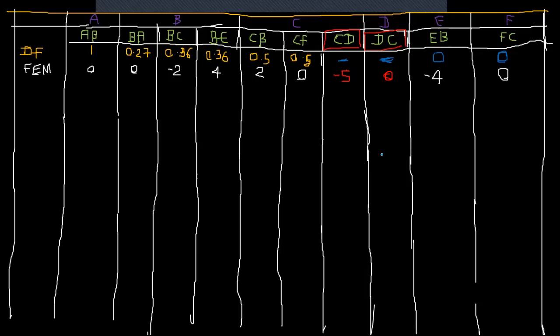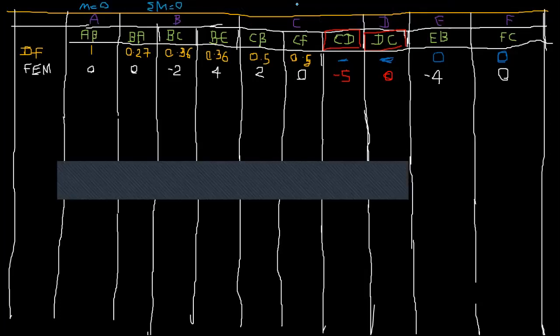Okay, I can start it from B. At here M should be 0 final, right? Here the sigma M should be 0 because it is a continuous joint. Here as well, the sigma M should be 0. Why?